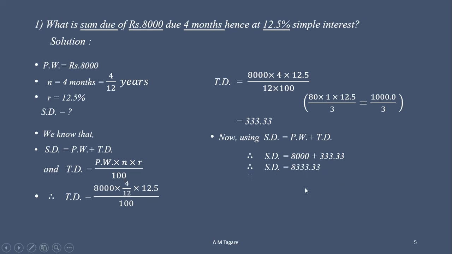So we get the sum due is rupees 8,333.33. Now it is a straightforward example. Present worth is given, N and R are given, and we want to find sum due. So here first from present worth we calculate true discount, adding it to present worth we get sum due.